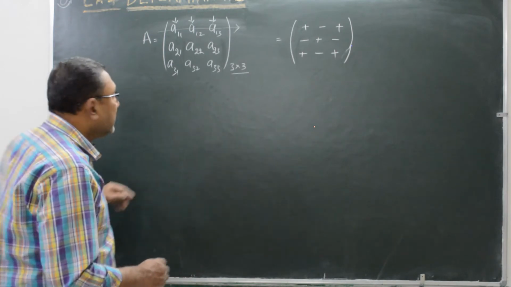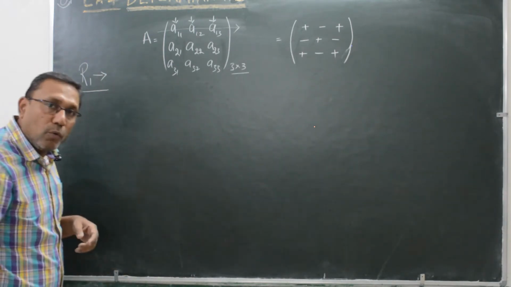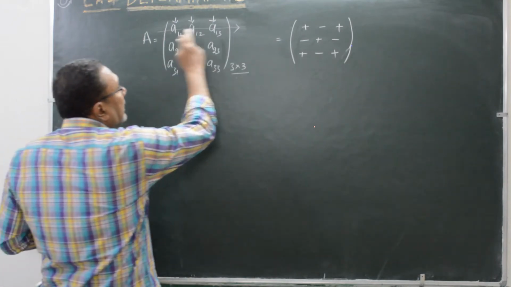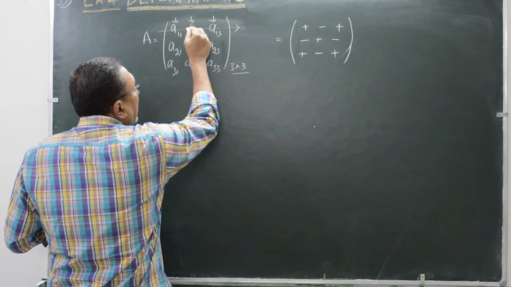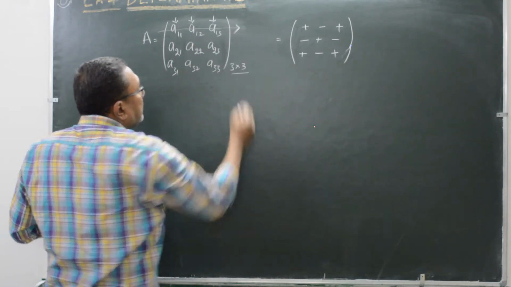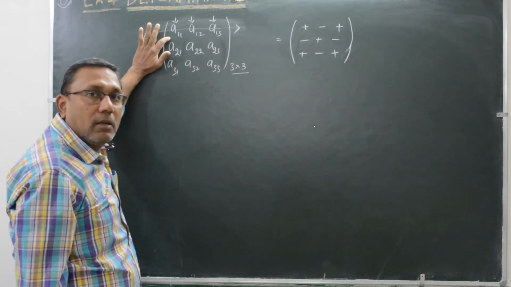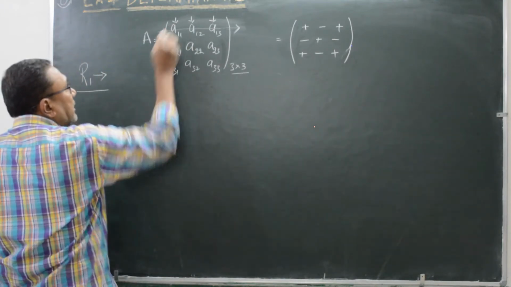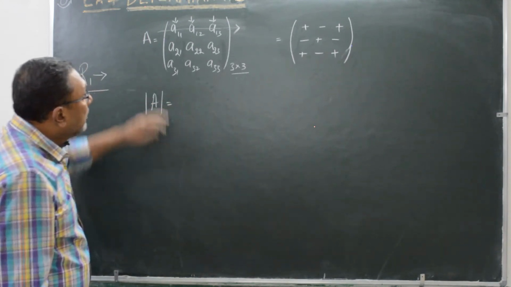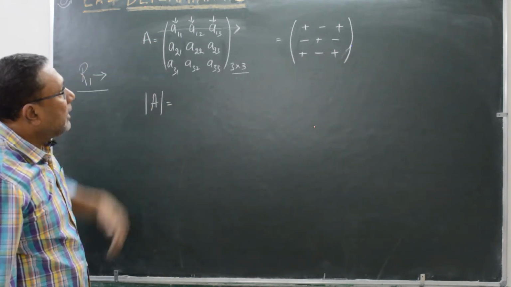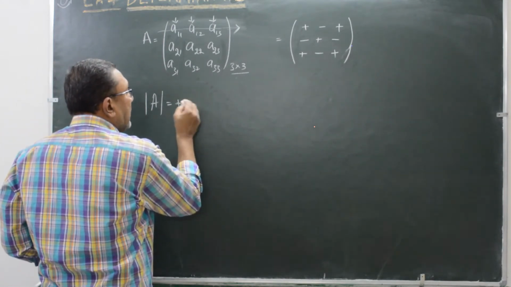Let us take expanding from row 1. I am taking the elements of this particular row and expanding, starting with A11. So I am finding a determinant value. This particular A11 is associated with a plus sign.